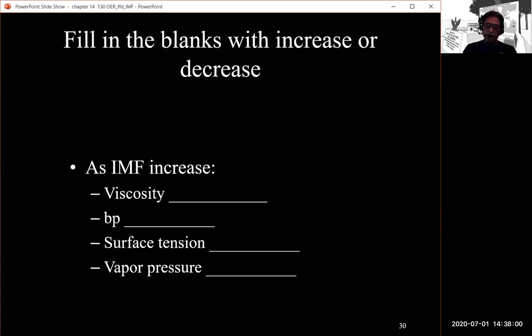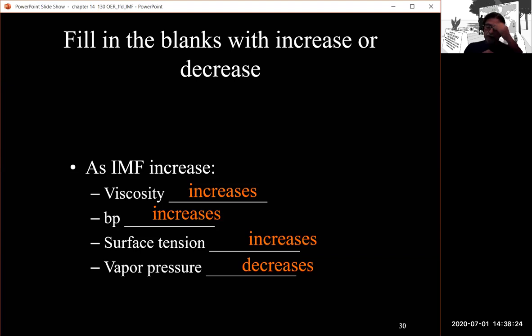Okay, so we can summarize this and say that as the IMF increases, viscosity increases, and the boiling point increases, the surface tension increases, but the vapor pressure decreases.